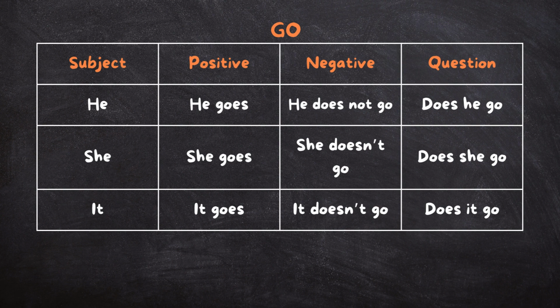Here our verb is go, which ends with a vowel. So in the positive form, he becomes he goes, she goes. And in the negative, we have he does not go, she doesn't go. For our question, we have does he go, does she go. For it, it goes, it doesn't go, does it go.